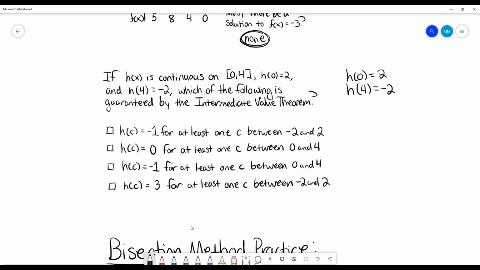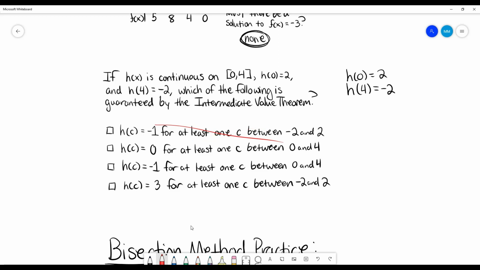So there must be an h of c where that equals -1. Okay, that's valid, right? Because -1 is between -2 and 2. So that y value does have to get crossed at some point for at least one c between -2 and 2. And that actually shows us that this answer is not correct. This one's wrong.